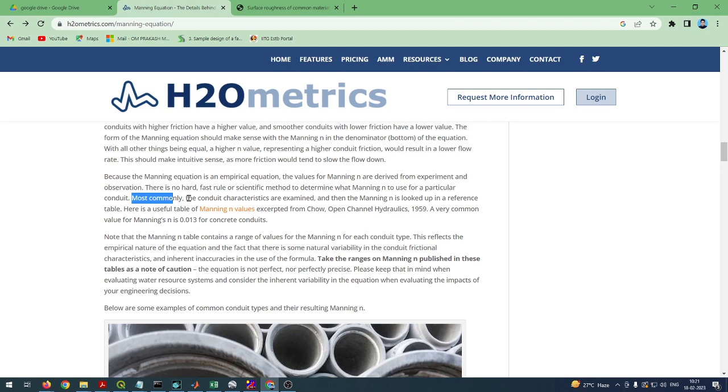Most commonly, the conduit characteristics are examined and then Manning n is looked up in a reference table.